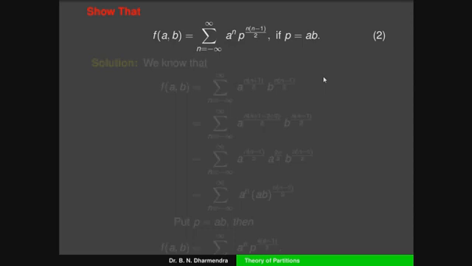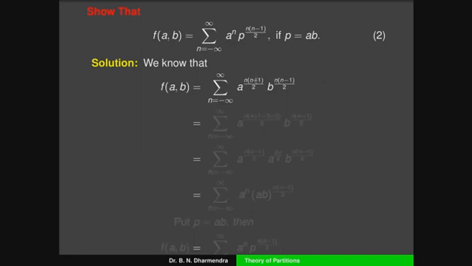Okay, solution. We know that Ramanujan's theta function f of a comma b is equal to, in terms of a series, n running from minus infinity to plus infinity, a to the power of n into n plus 1 by 2 into b to the power of n into n minus 1 by 2. We can take the value of a to the power of n into n minus 1 by 2.